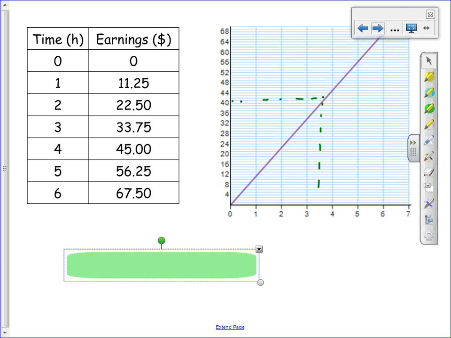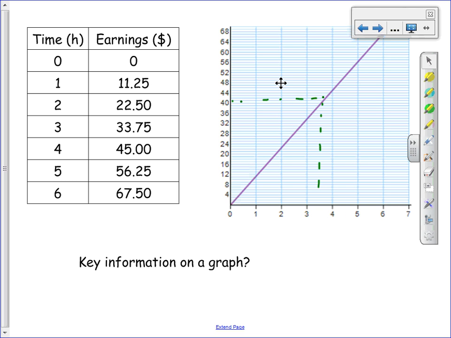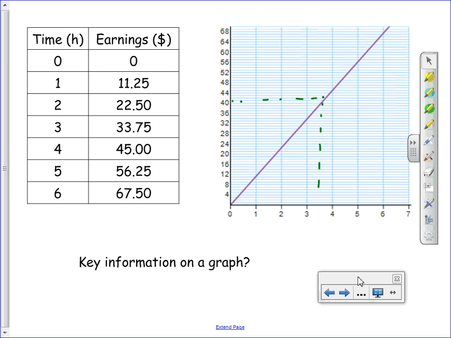There are some important things when I look at a graph that I'm going to expect to see. This graph does not have its axes labeled. So when you make a graph in your assignment and for your check, you need to label your axes. This is the earnings, and it's measured in money.